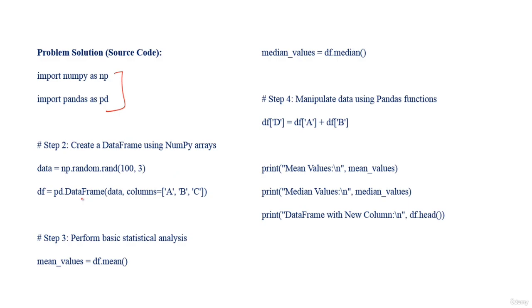You can see that pd is Pandas. Pandas is used to create a data frame using an array. I provided this data, and using this data I will create a data frame from the array. Then perform basic statistical analysis using the data frame. The last result is shown to the user.